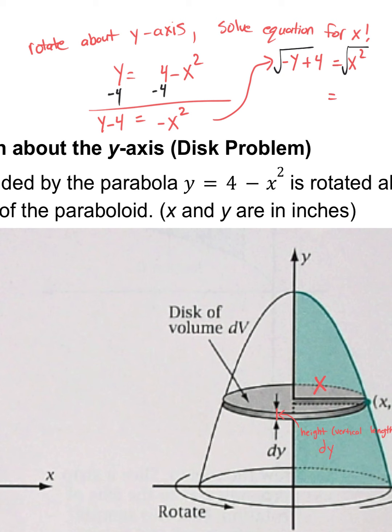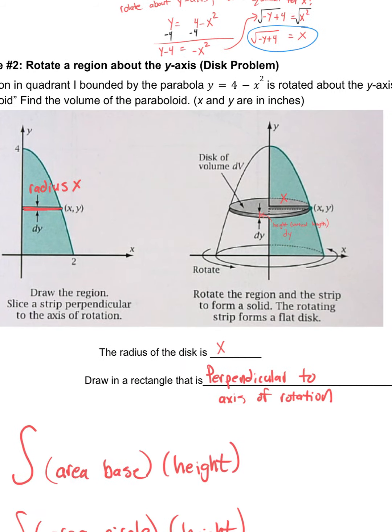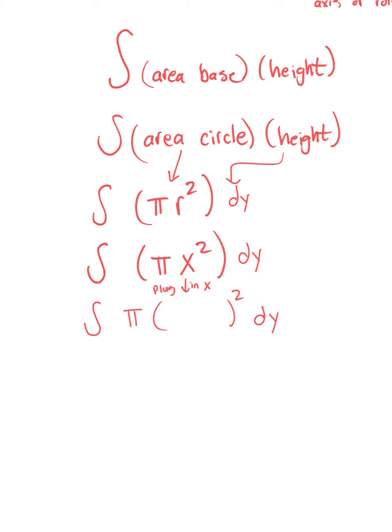So the square root of x squared is x, and I'm just going to leave that as the square root of negative y plus 4. So my x is equal to the square root of negative y plus 4.